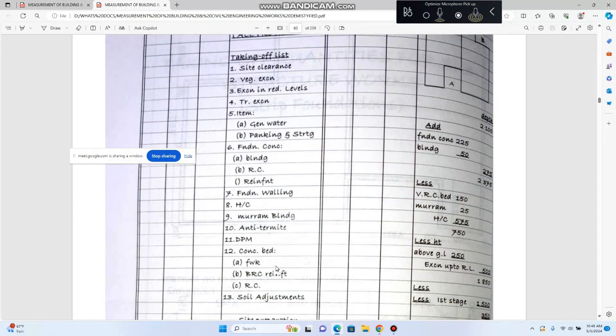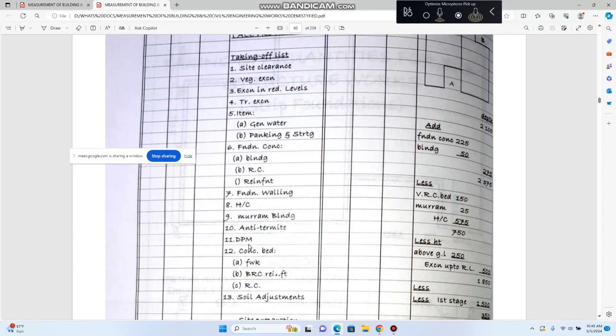Then after we are done constructing the foundation, we always adjust the soil. Soil adjustment is backfilling. We want to know what volume of soil will be used to backfill, how much volume of soil needs to be taken away from site, and what is the volume of soil that will be used to backfill around the house where flowers need to be planted.